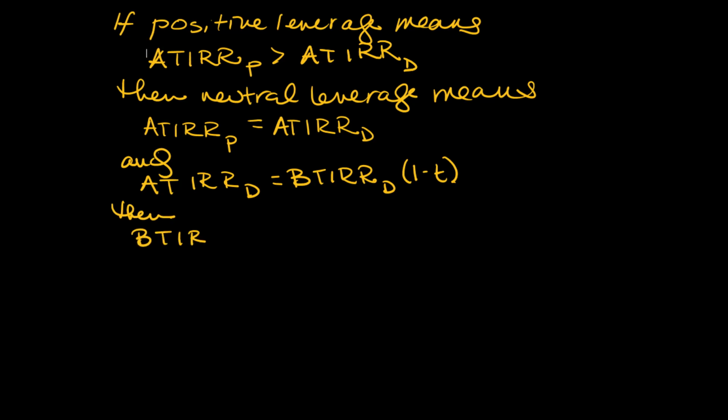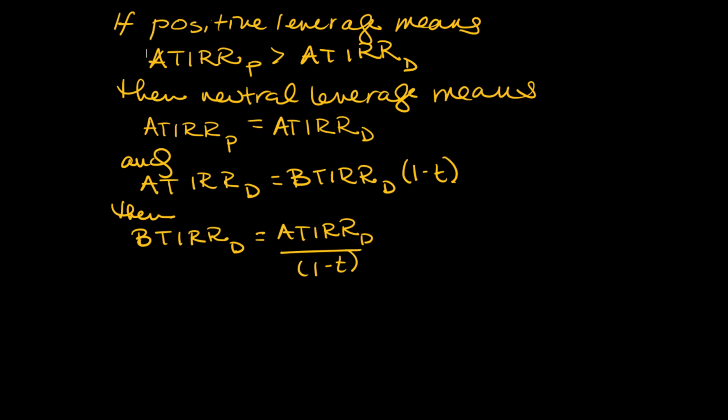7.42%. So that means that for interest rates that are higher than 7.42%, the after-tax IRR for an equity investor, so the ATIRR sub E, would be less than the after-tax IRR on the total investment.